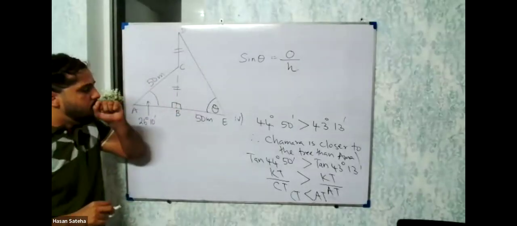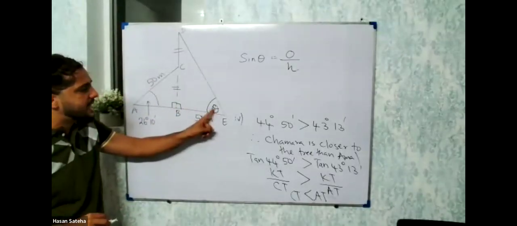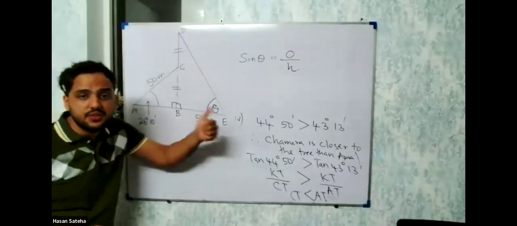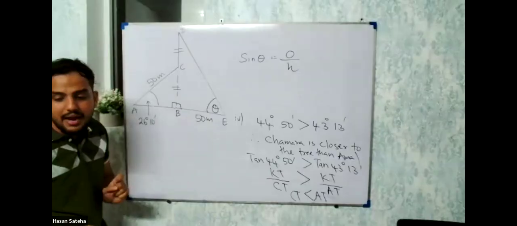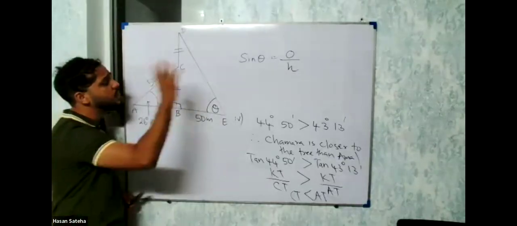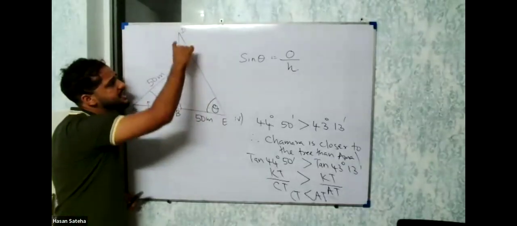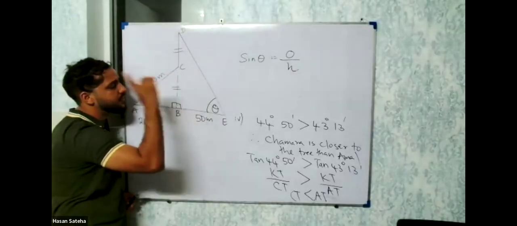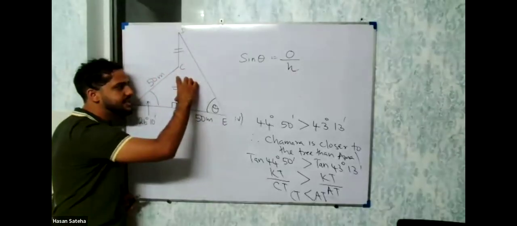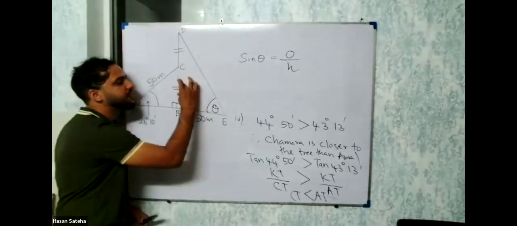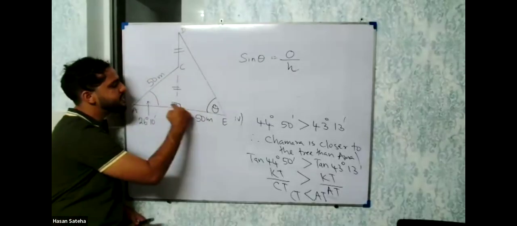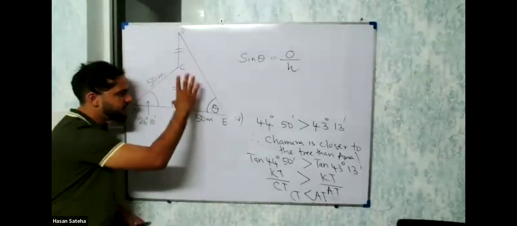So if you need to find this angle, you need to find this length first of all. If you need to find this length, we are going to use this triangle here. Now in the question they have given you, these two lengths are equal in value. That means if you find this length, you know the value of this length as well. So the idea is to find this length. Now, using this triangle, we can find this length.